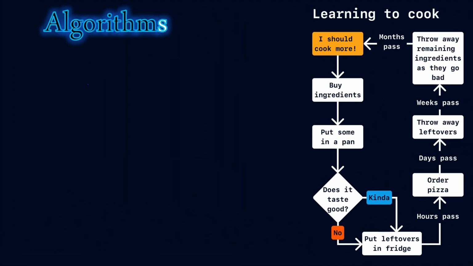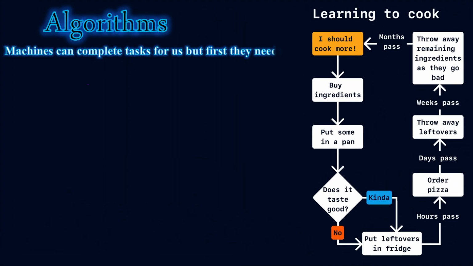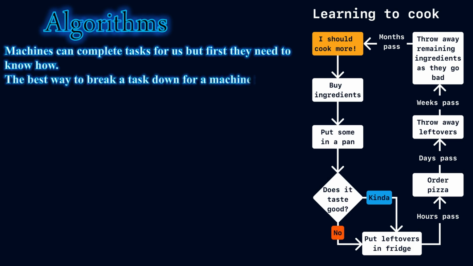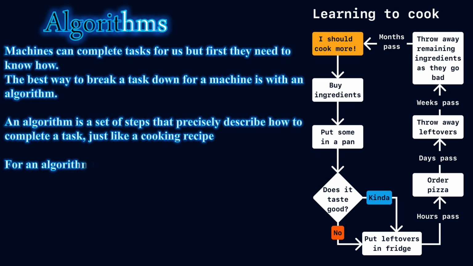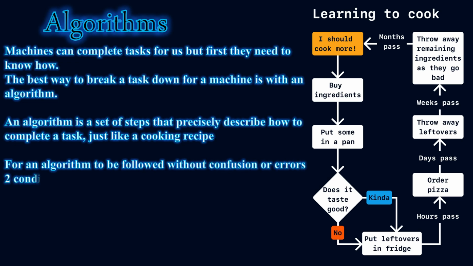So let's talk about algorithm. Machines can complete tasks for us, but first they need to know how. The best way to break a task down for a machine is with an algorithm. An algorithm is a set of steps that precisely describe how to complete a task, just like a cooking recipe.